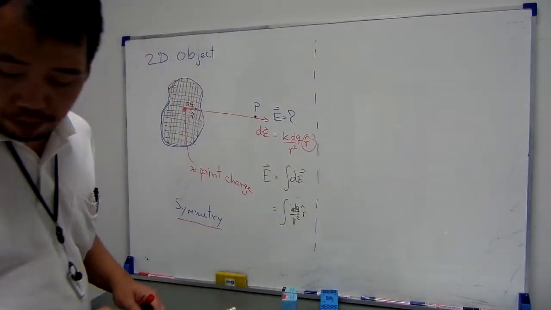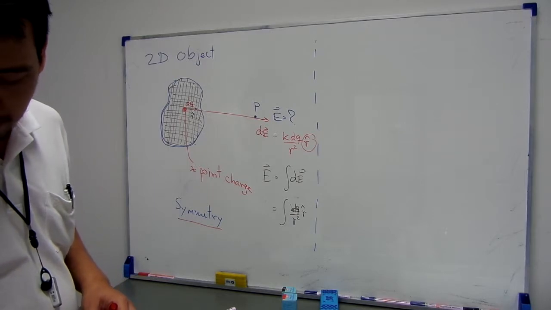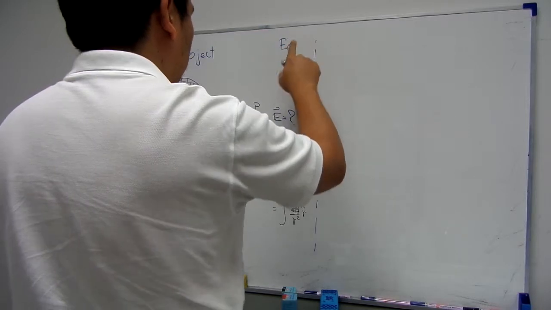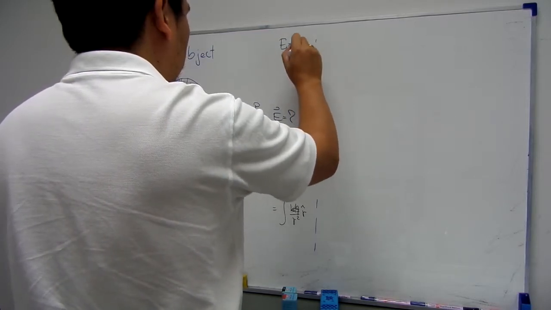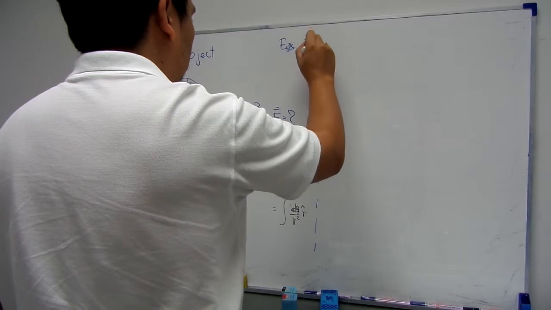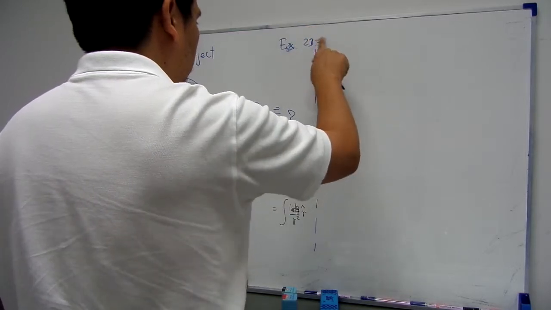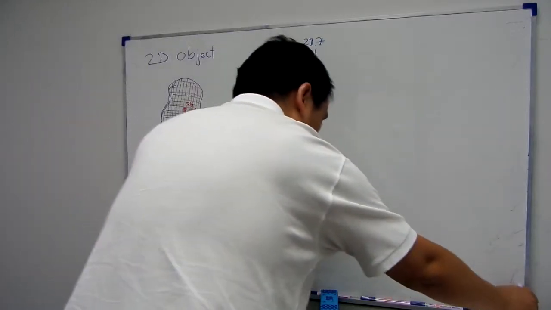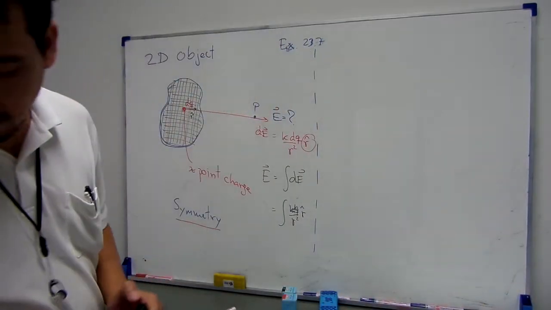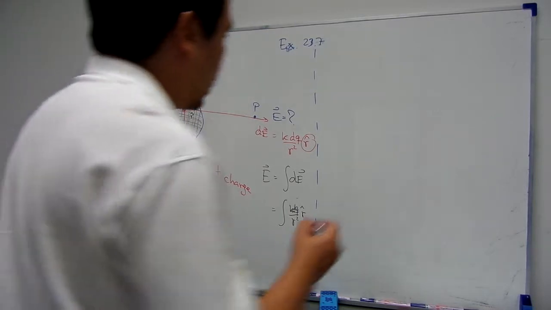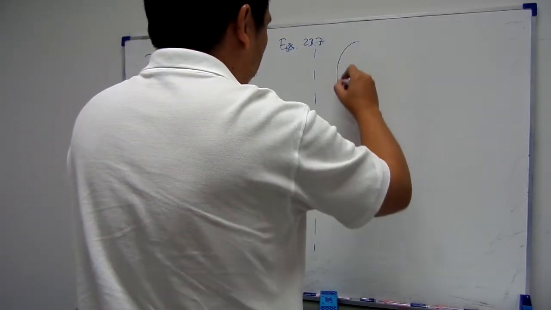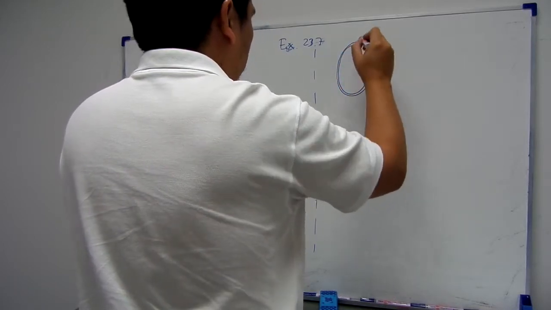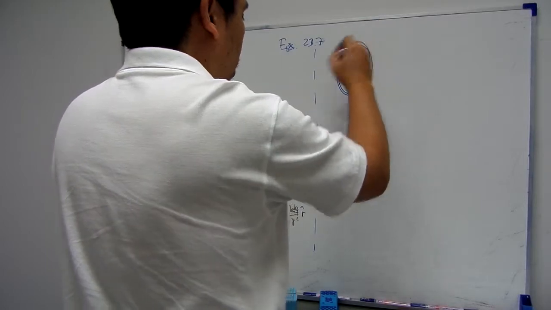This is example 23.7. The question is that you have a ring with a uniform charge distribution on this ring.